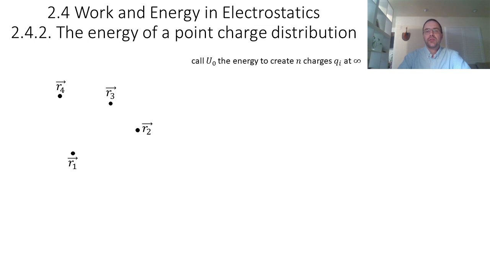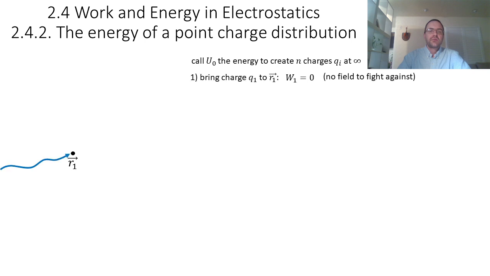So first, there is the energy to create point charges from vacuum. So let's call it U0, the energy to create the n charges at infinity. Later, we will see that this U0 is in fact infinite. Now I need to calculate the energy to move those charges from infinity to their positions at R1, R2, R3, and R4.